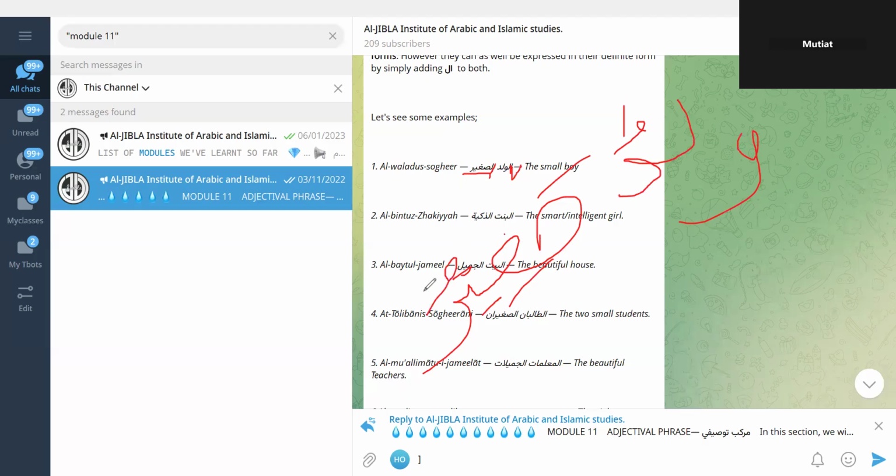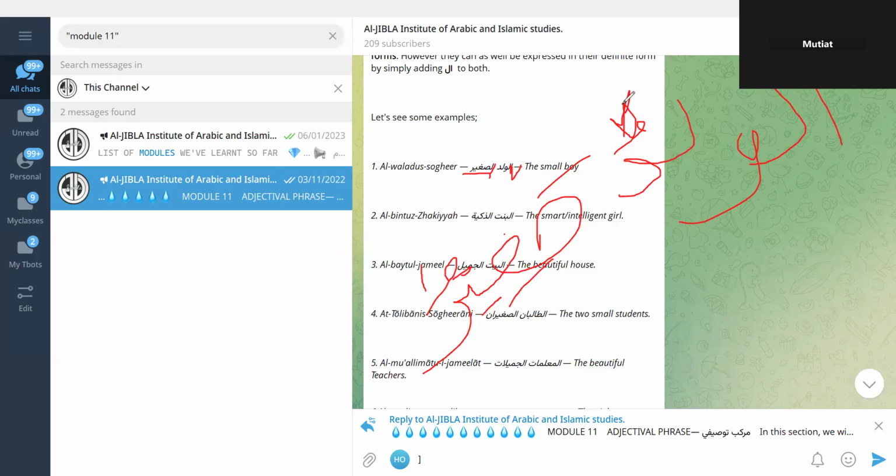The moment you add alif lam, the meaning changes. It becomes al-walad saghir. Do you understand the concept?